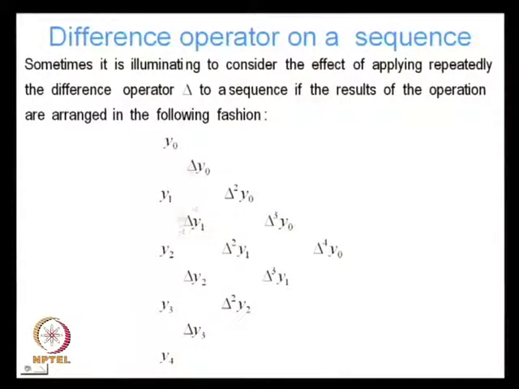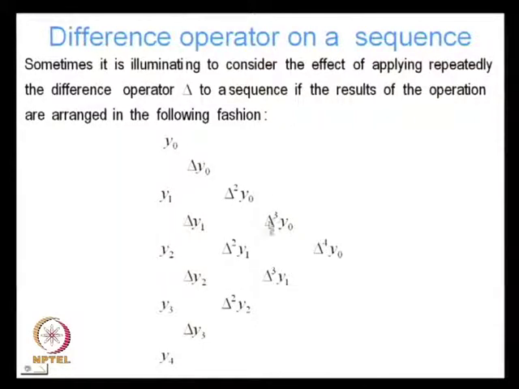So, that is after I operate once with the difference operator. Then if I operate again, let us see what del 2 y0 would be. That would be del y1 minus del y0, del 2 y1 would be del y2 minus del y1, del 2 y2 would be del y3 minus del y2.